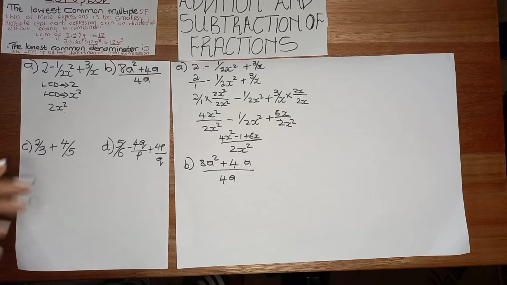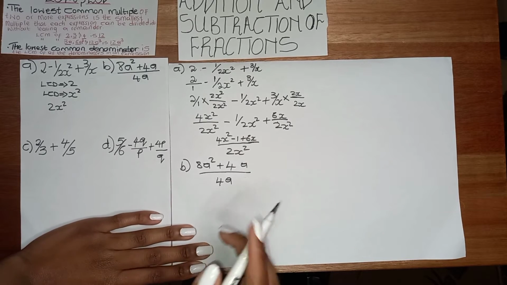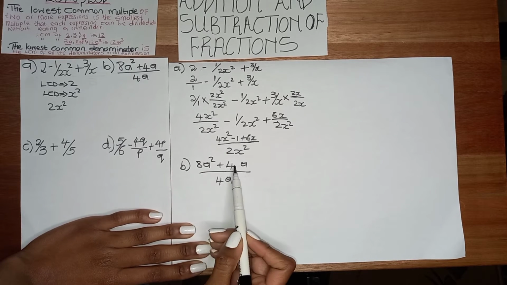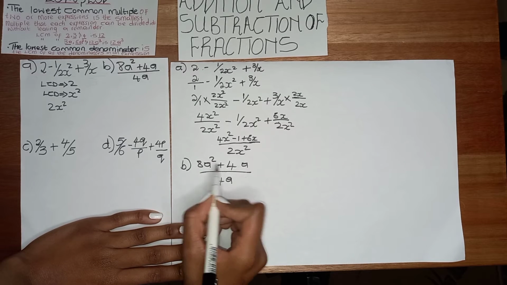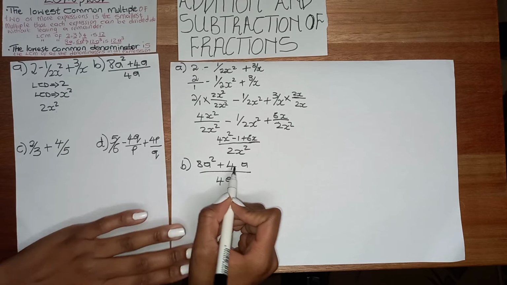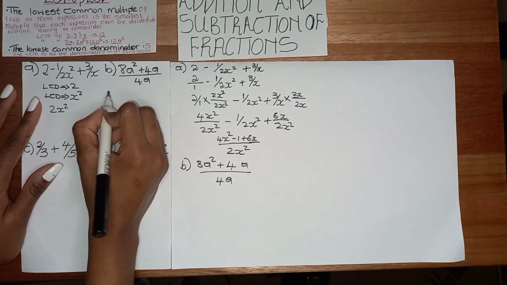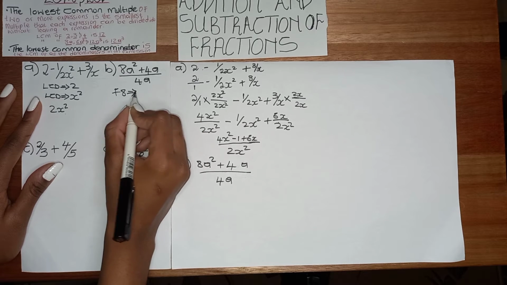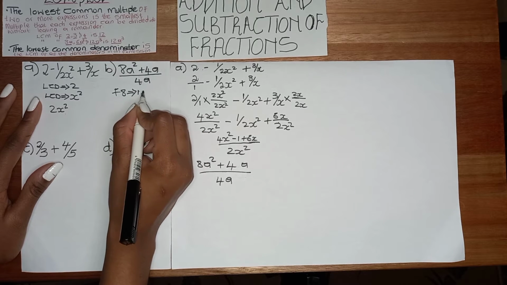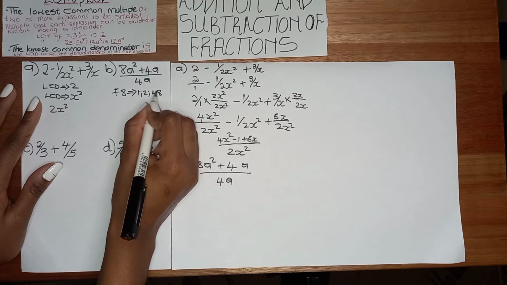So what you have to do here is factorize. When factorizing things like this, I remember I said you have to take out the highest common factor of numbers first. The highest common factor of numbers here, we can start: factors of 8 are 1, 2, 4, and 8.